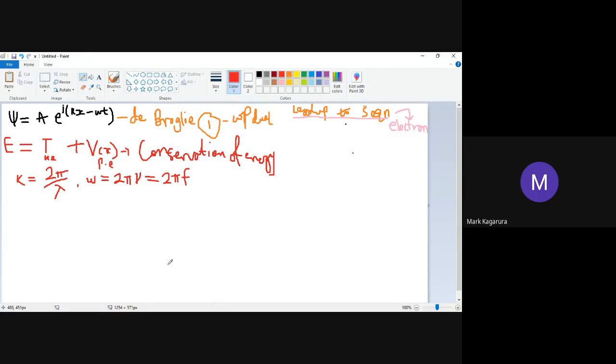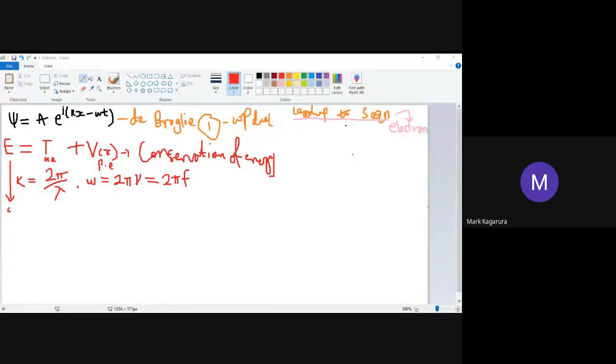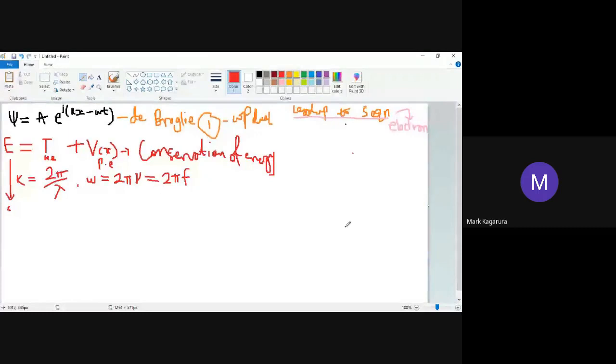What we want to do is to get our energy. We know from the Einstein relation, really Planck, that E is equal to hf. So from this, f is omega over 2 pi.